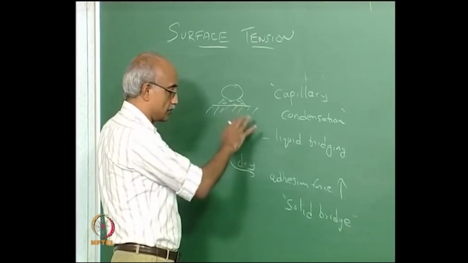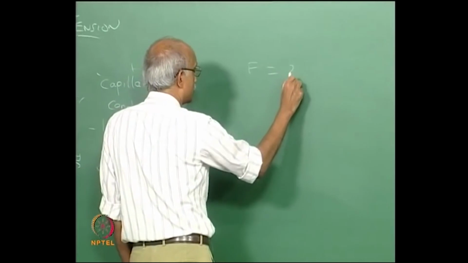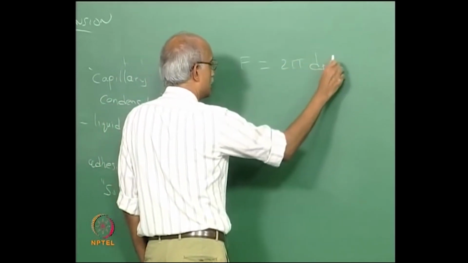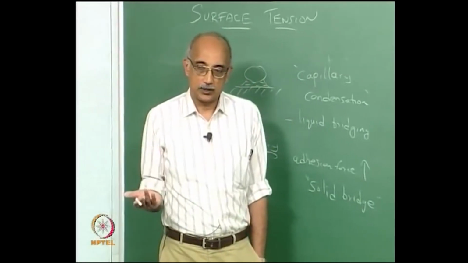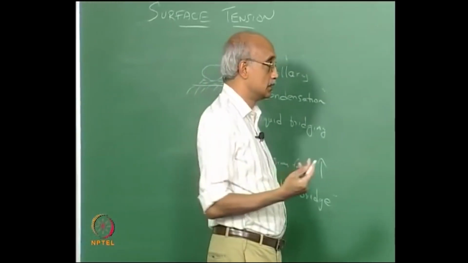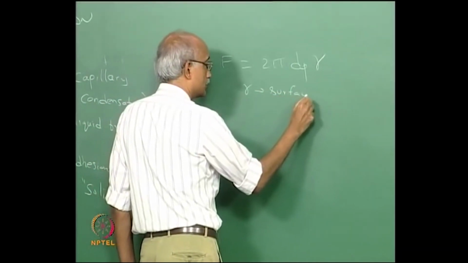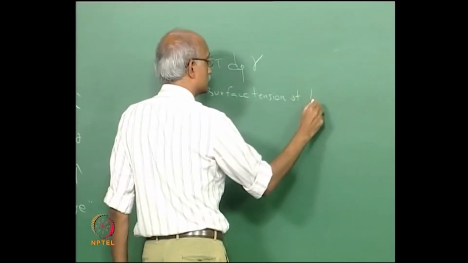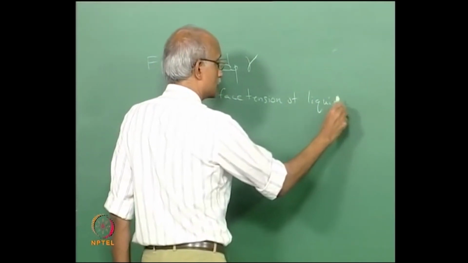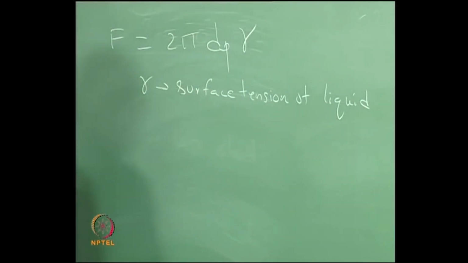Now, the force of attraction, the surface tension force, I am sure you are familiar with the equations, is essentially 2 pi dp gamma, where dp is the particle diameter and gamma is the surface tension of the liquid. Of course, in this equation there is an implicit assumption that the contact angle is virtually 0.